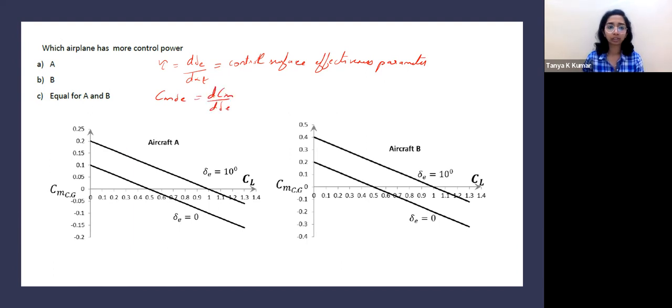You said it right. So now look at the two graphs and tell me which one would have a higher CM delta E. Just calculate the CM delta E for the two. Let's do it for the first case. Here, dCm would be 0.2 minus 0.1, and change in delta E would be 10 minus 0.